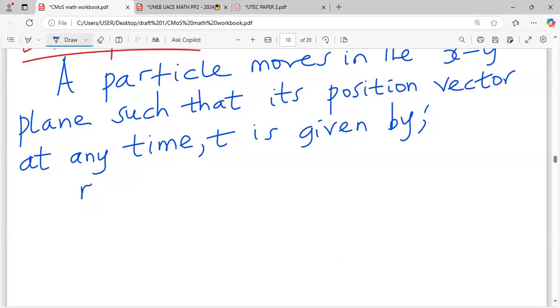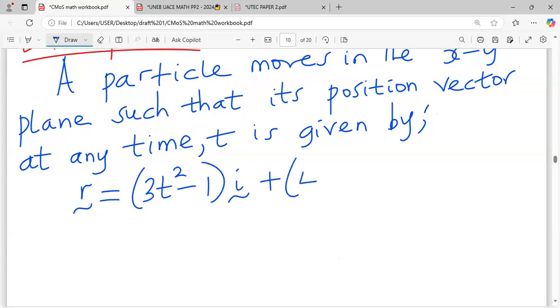Is this a question of 2008 question 8? R equals 3t squared minus 1, this is i, plus 4t cubed plus t minus 1, j.